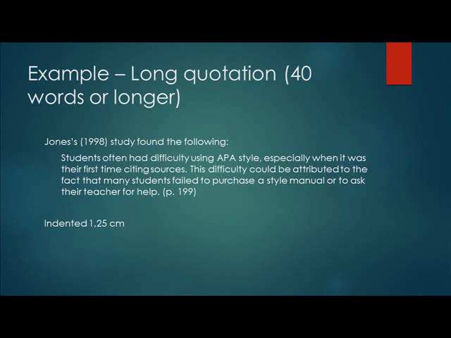And the entire quotation should be indented like this. The reasoning for this is basically so that we can see that this entire long piece of text is a quotation, and that makes it easier for the reader. And this is called a block quotation, basically because it looks like a block in the middle of your text.